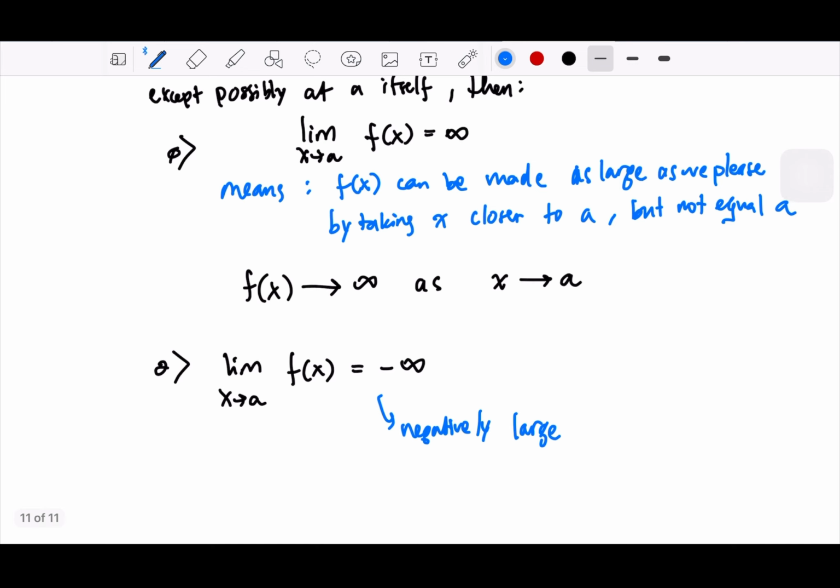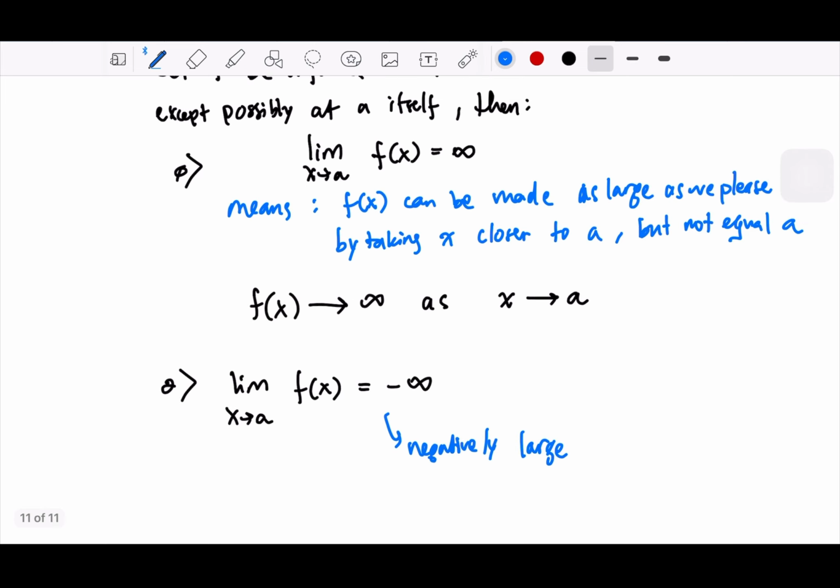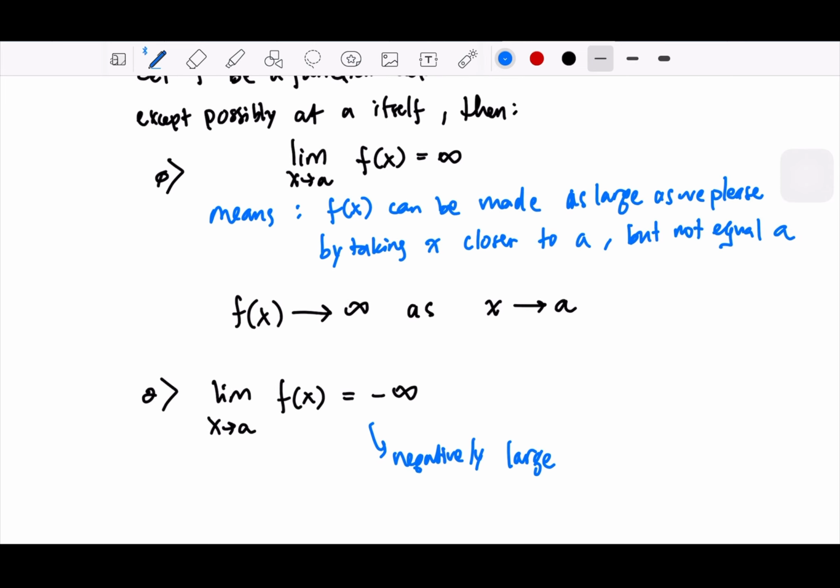I would like to say smaller, but it seems that it's wrong, so I just say negatively large, so that it's not confusing.